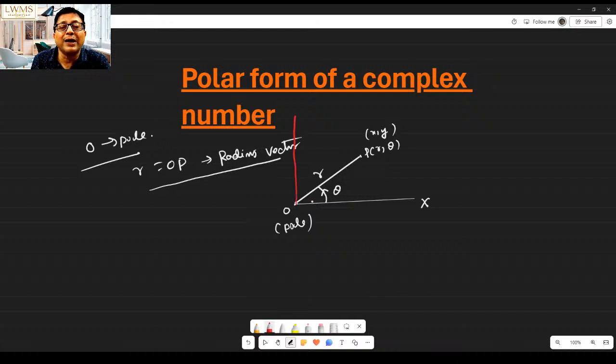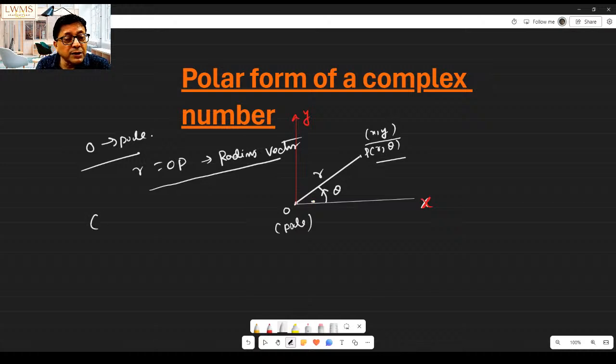I am drawing the y axis over there, just an additional axis, to mention that the point which has polar coordinate (r, theta) has coordinate (x, y) also, and we have to find equivalent things. We want to compare this Cartesian coordinate and the polar coordinate.